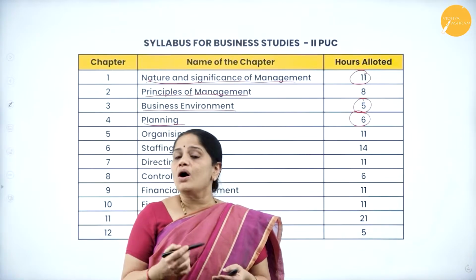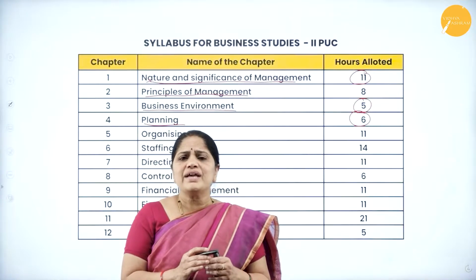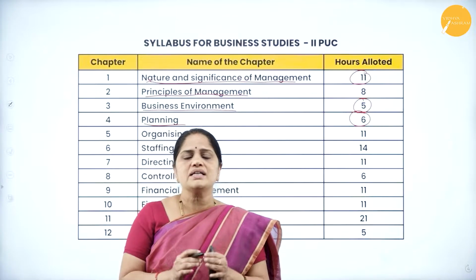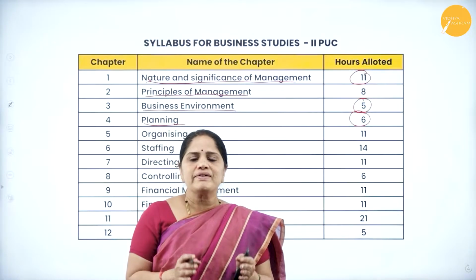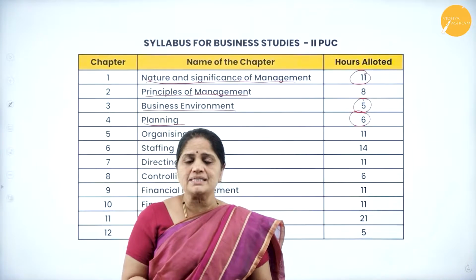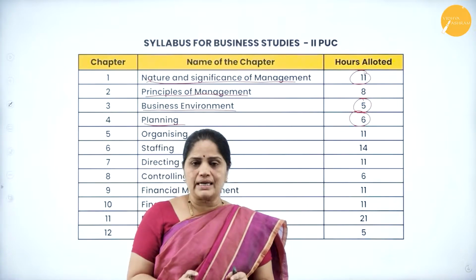In this organizing chapter, we will be studying the various tasks or functions which have to be done in the organization, and then we will also be creating departments and positions in this organization.